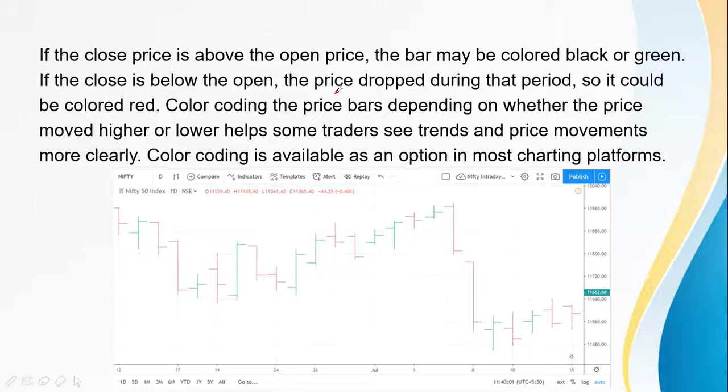Color coding the price bars depends on whether the price moved higher or lower, and this helps some traders see the trends and the price movements more clearly. Color coding is available as an option on most charting platforms. In the example here, we can see the green bars and the red bars to indicate whether it was a bullish movement or a bearish movement.